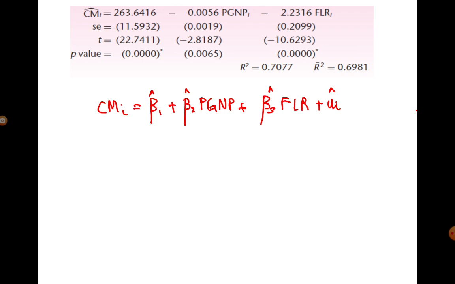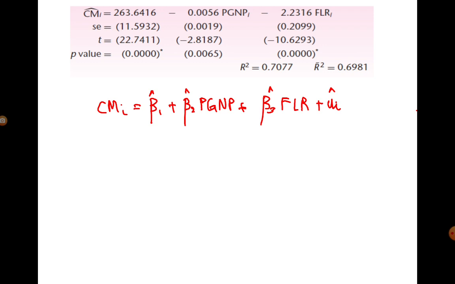Okay. Now, besides that, I want you to pay attention to the value of the estimates. When I say that beta 2 hat is minus 0.0056, I mean to say that if per capita GNP increases by say 1 unit, the child mortality will come down by 0.0056 units.